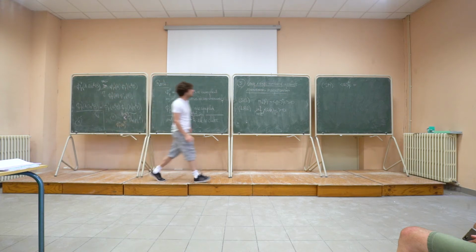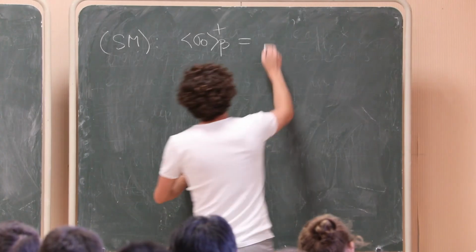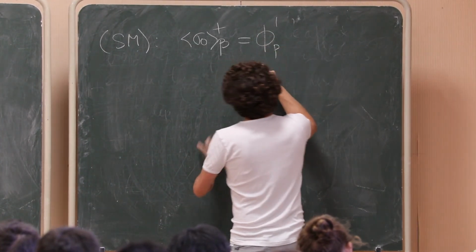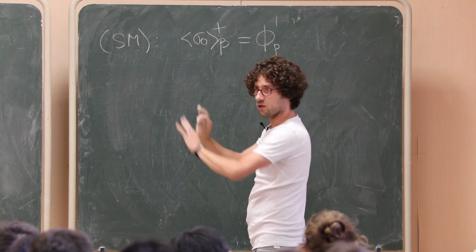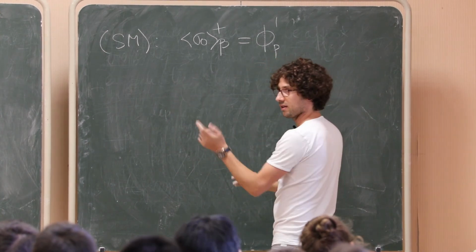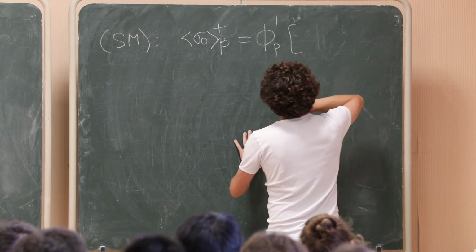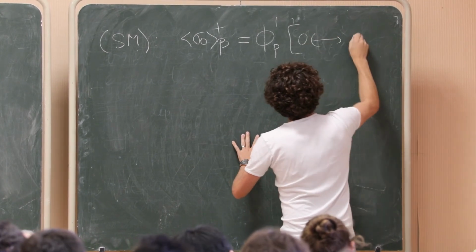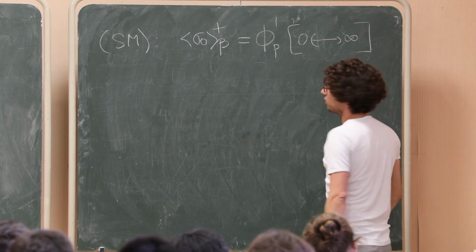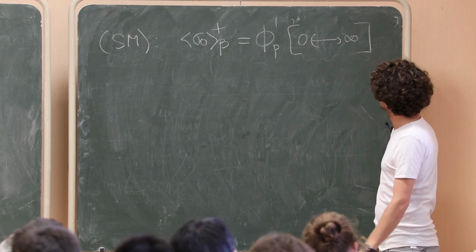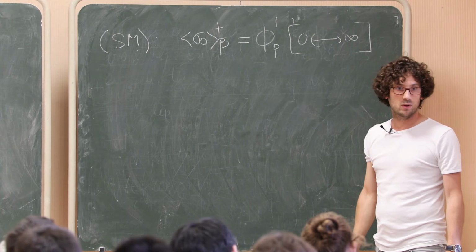So this is phi 1p. Always beta and p everywhere, I think you understood it, are related by p equal 1 minus e to the minus 2 beta. So here I'm going to denote it like that. It means 0 is connected to infinity.